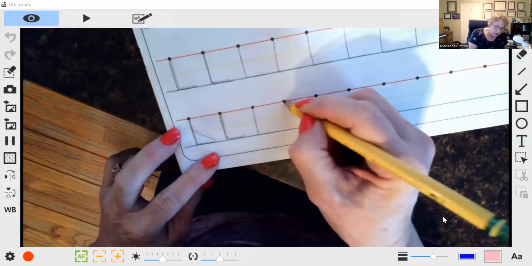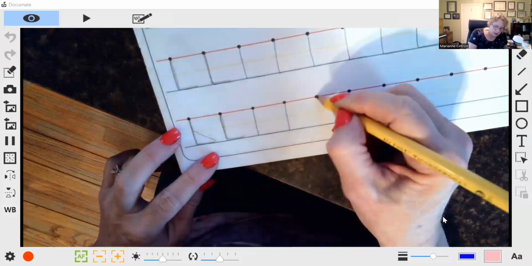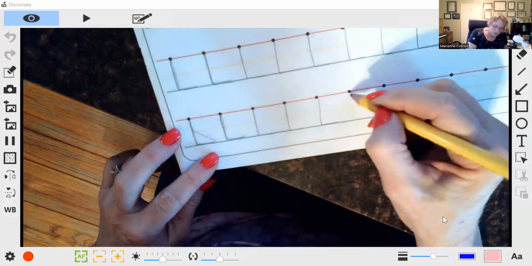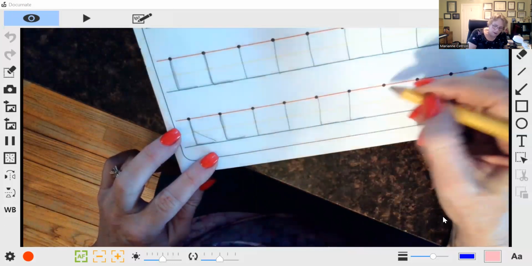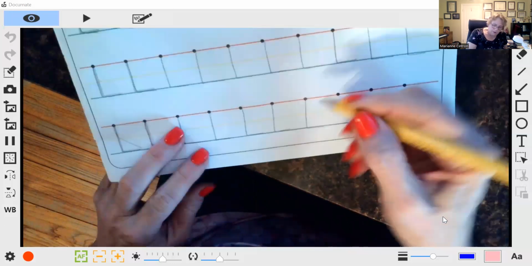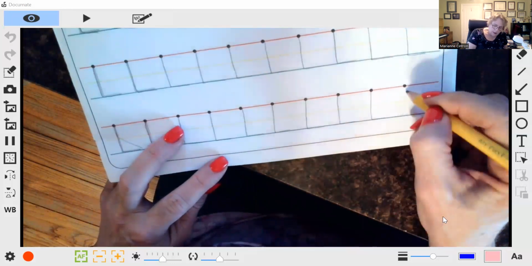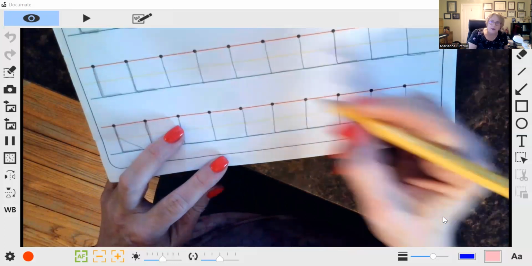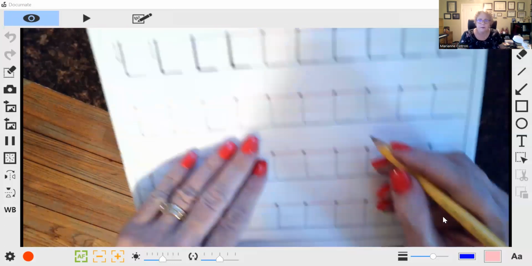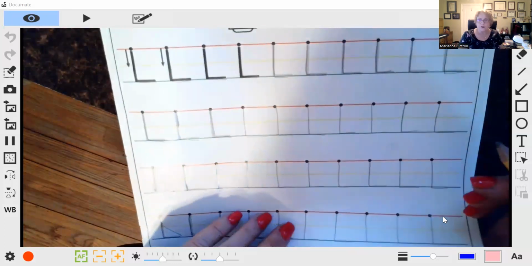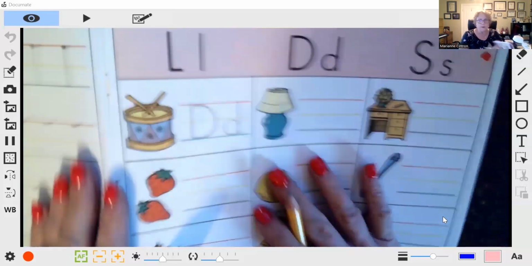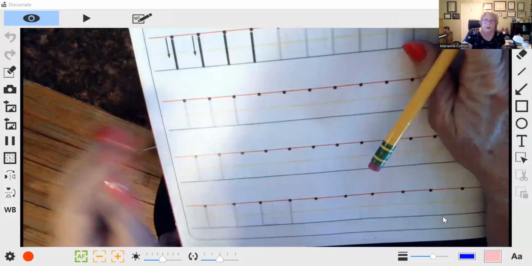Down and over, down and over. Almost finished. Down and over. These thick pencils are excellent because your child will want to push really hard and sometimes break the pencil or hurt their hand.